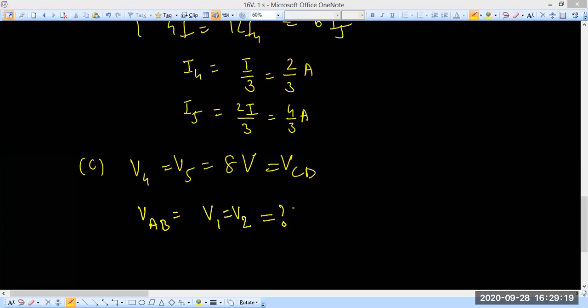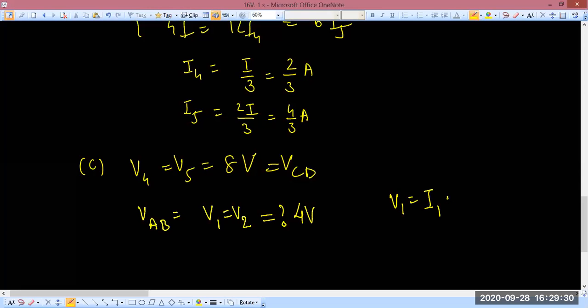So 4 volt. Okay, so that's done. Right? No, Arshad, why should it be 16 volt? See, you could write V1 as current through the first resistor into its resistance, that is 4 ohm, correct? And I1, current through the first resistor, is 1 ampere.